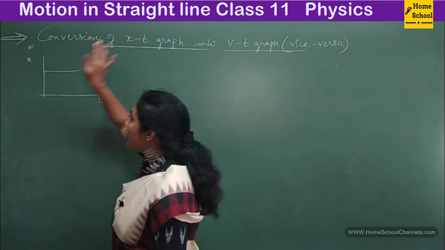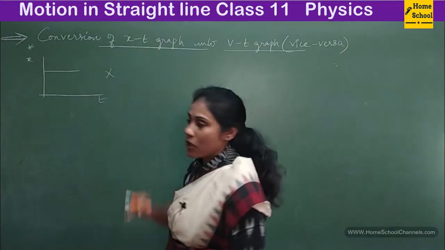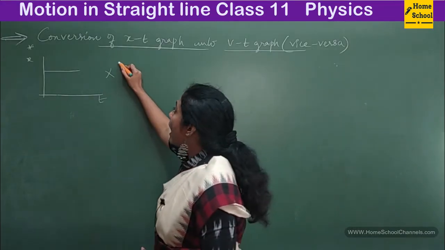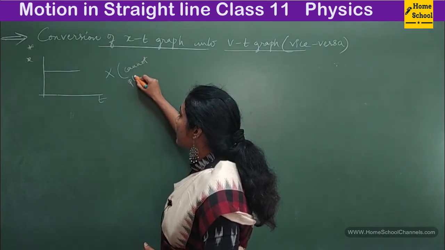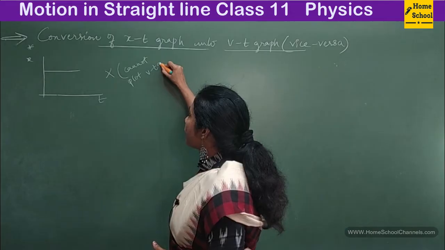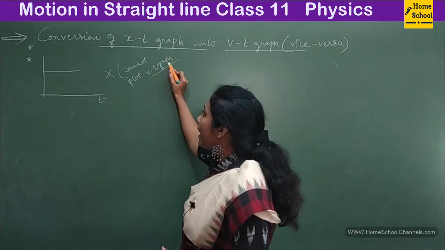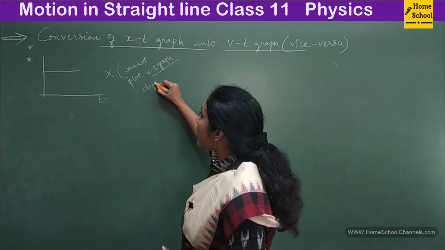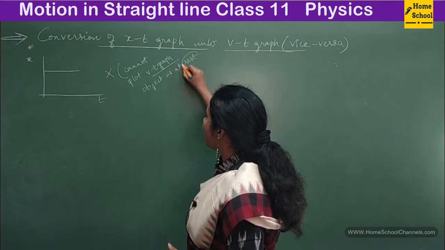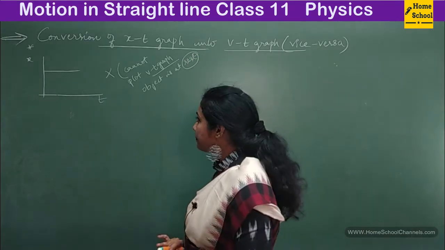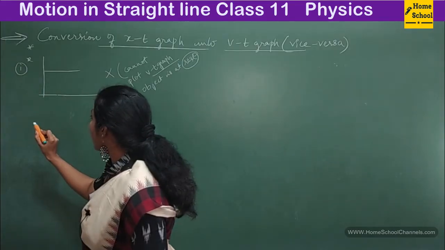If I have to convert this XT graph into VT graph, it is not at all possible, because the object is at rest. Fine. And this is our first point you have to remember.